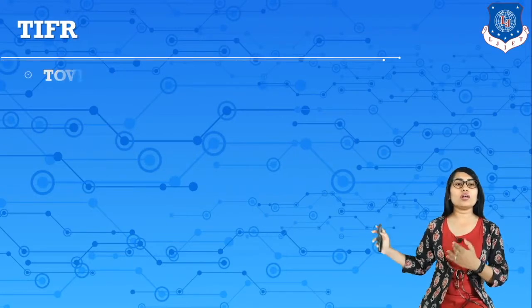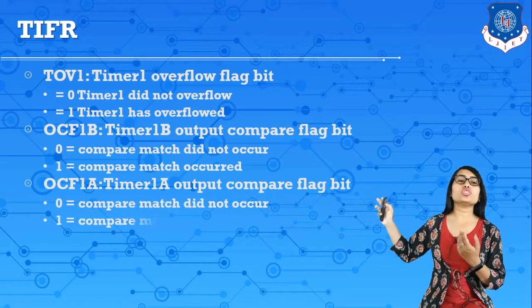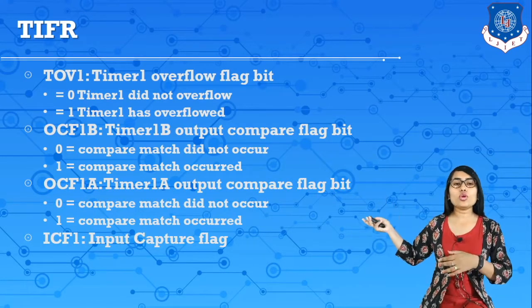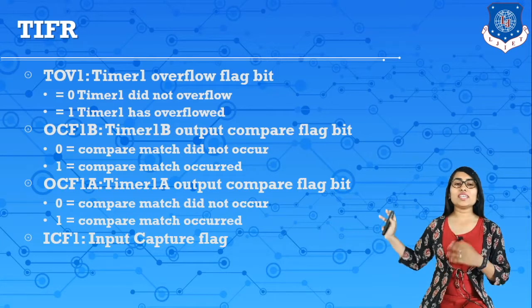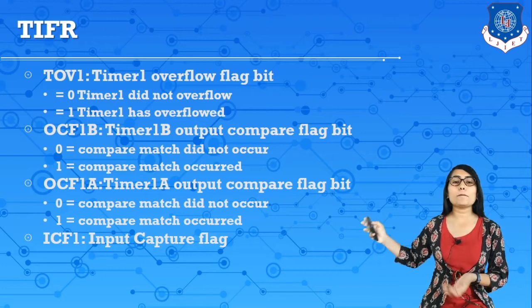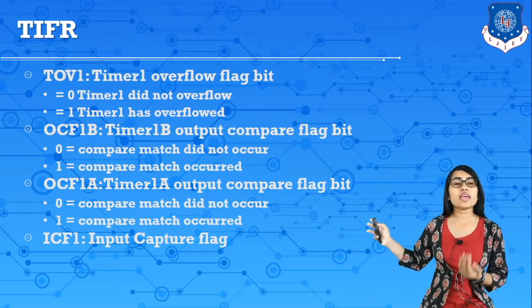Then for timer 1 we have the other bits. TOV1, timer 1 overflow flag: 0 means timer 1 did not overflow, 1 means overflow. OCF1B, timer 1B output compare flag: 0 means no compare match, 1 means compare match occurred.